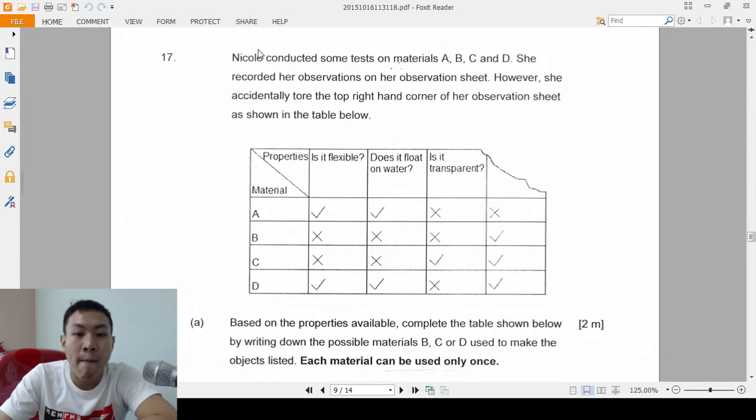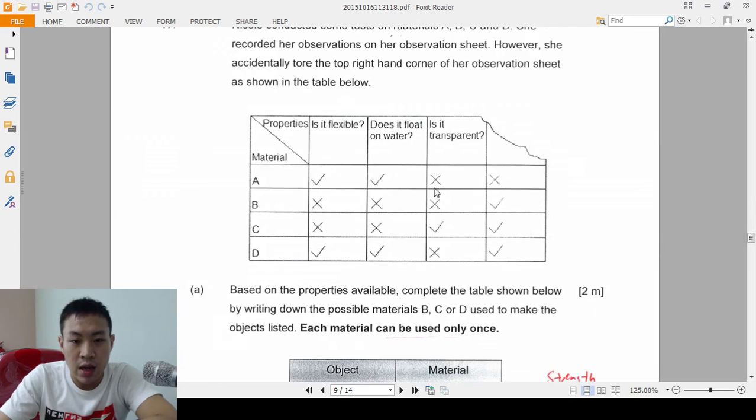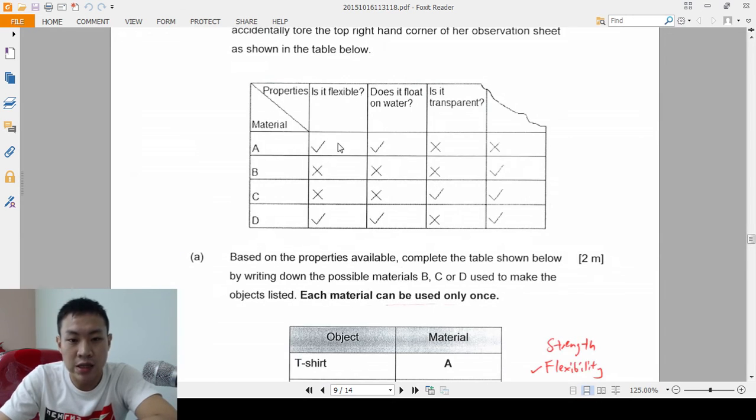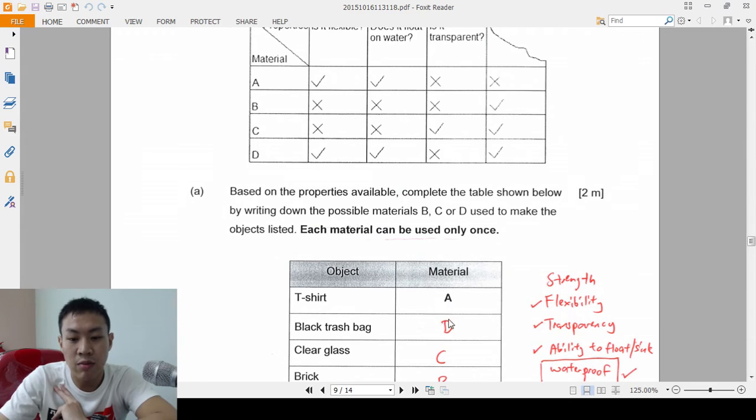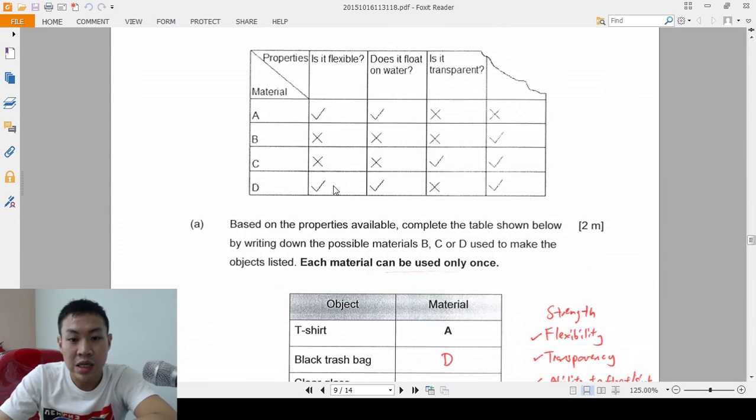17. Now, Nicole conducted some tests on materials A, B, C, and D. And from this table, we can see whether it's flexible, does it float, or is it transparent. So based on this, I'm able to arrive at my answer. Black trash bag is D because D is flexible, it floats on water, it is not transparent, and I'm not too sure about the last column here.